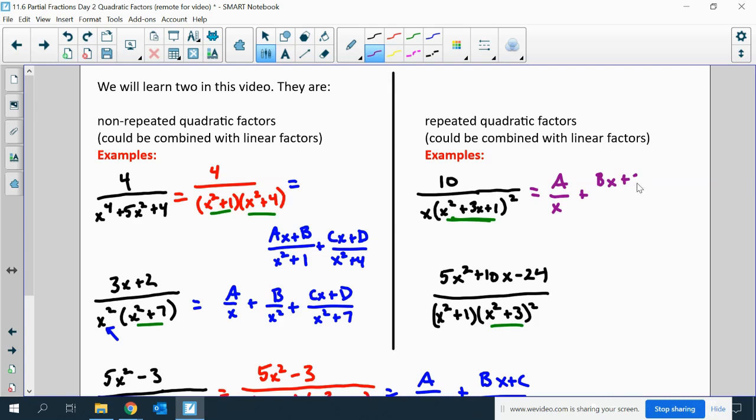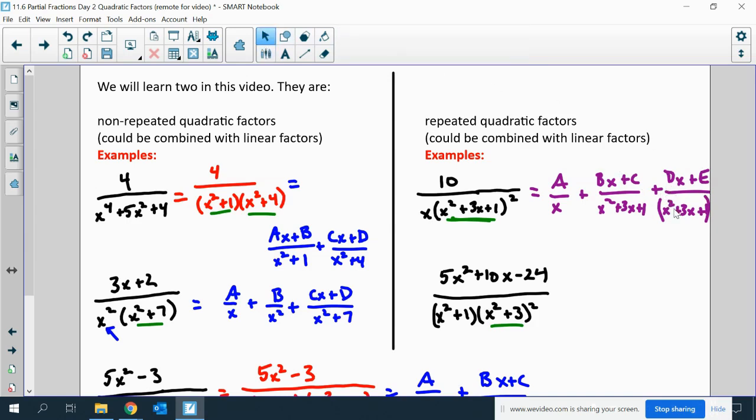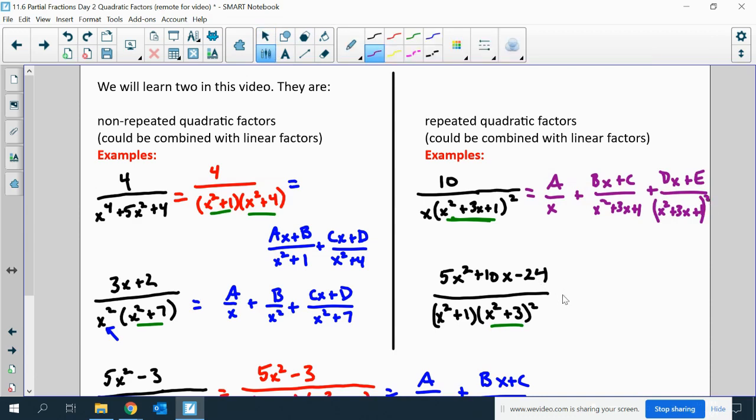So I have Bx + C over x squared + 3x + 1, and then I have to write it one more time, Dx + E over (x squared + 3x + 1) the whole quantity squared. I know I ran out of room, but fortunately I can make room.